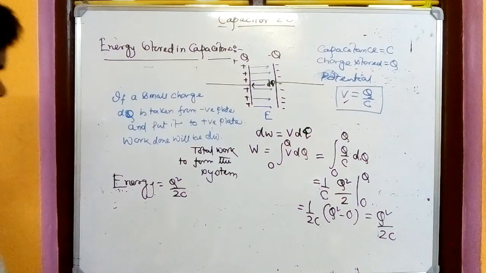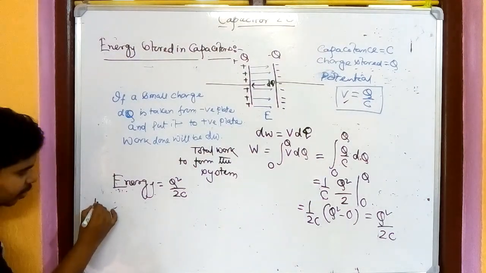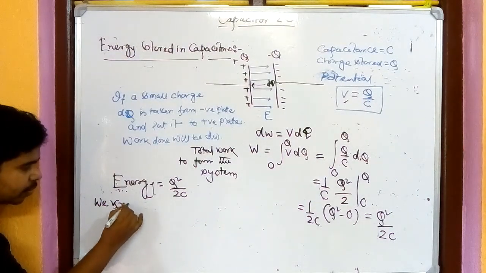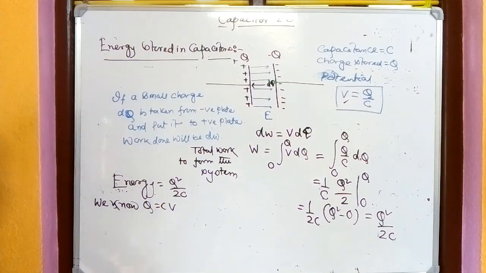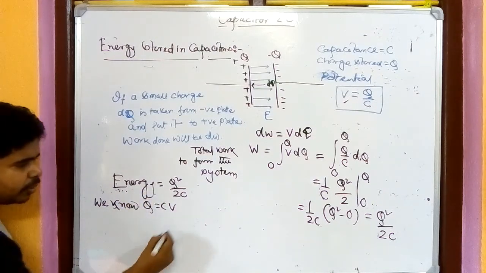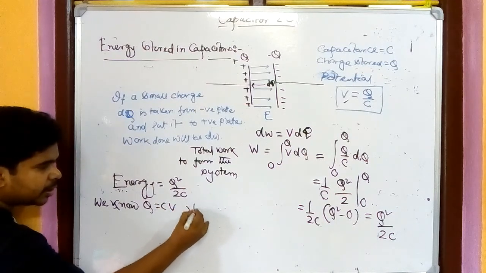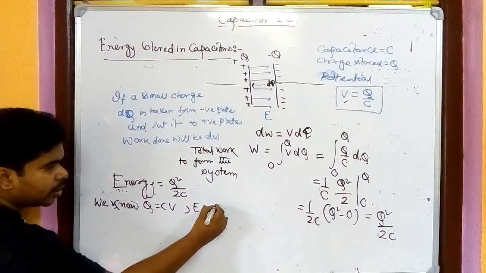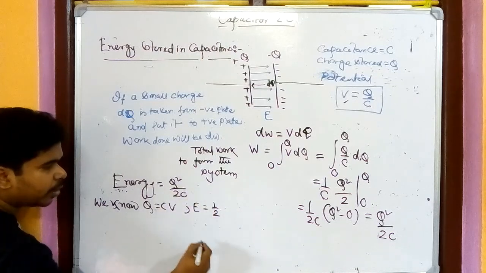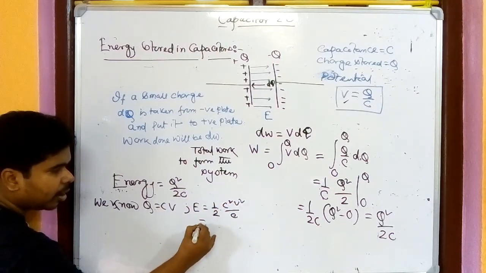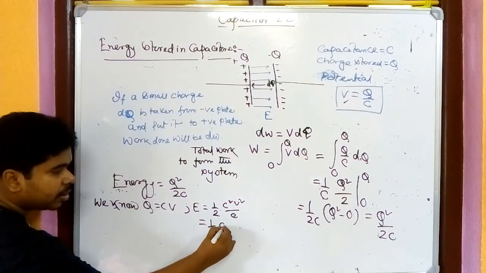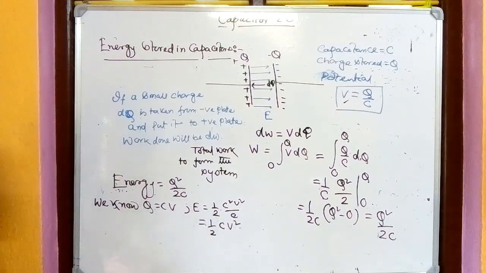Again, one interesting thing you see. We know Q equals CV. So if I put the value here, energy equals half of Q square, that is C square V square by C, or half C V square.